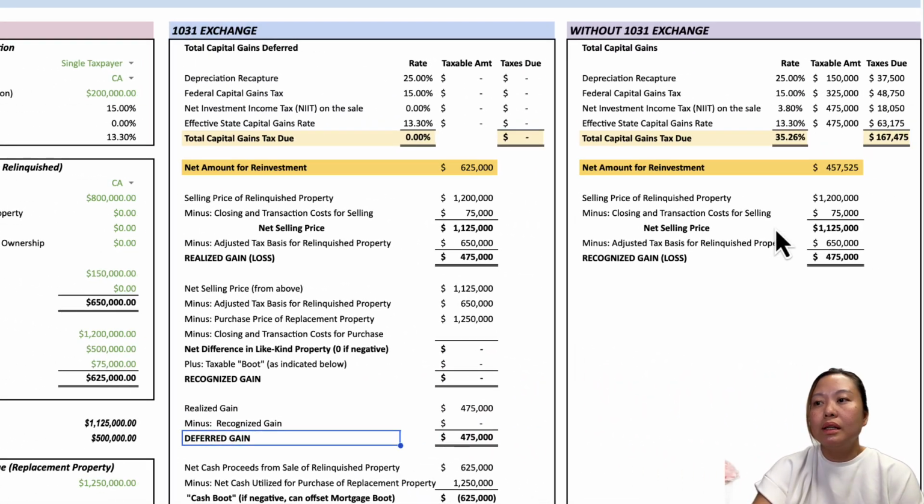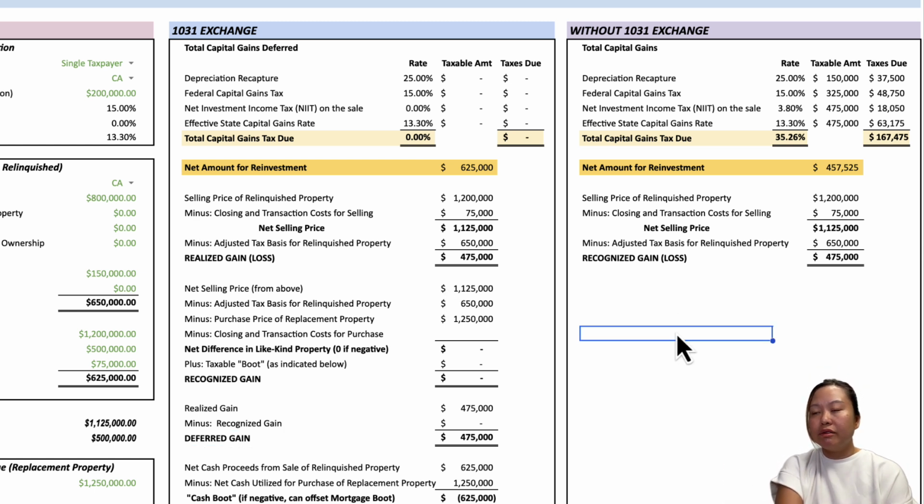So you can see that with the 1031 exchange, this number is quite reasonable for California, right? Everything in California is so expensive that you're going to save $167,000 that you get to defer: the capital gain taxes, the depreciation recapture, the net investment income tax, and the state income tax.